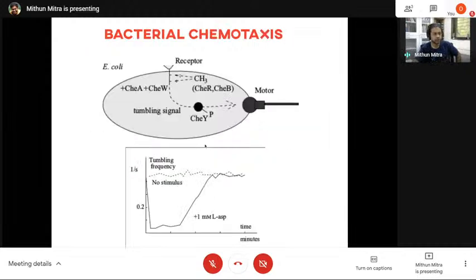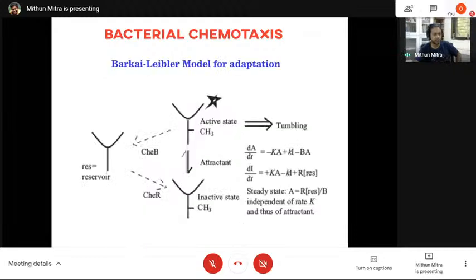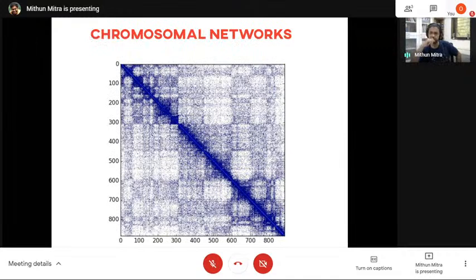There are multiple examples of networks that are possible. Let me just end with one more example. This is something we talked about a little in this course towards the middle, when I was talking about chromosome organization.